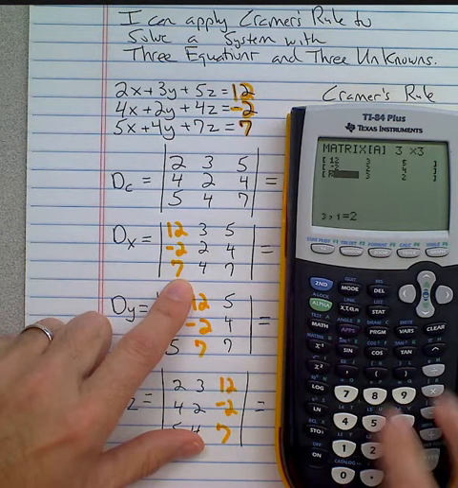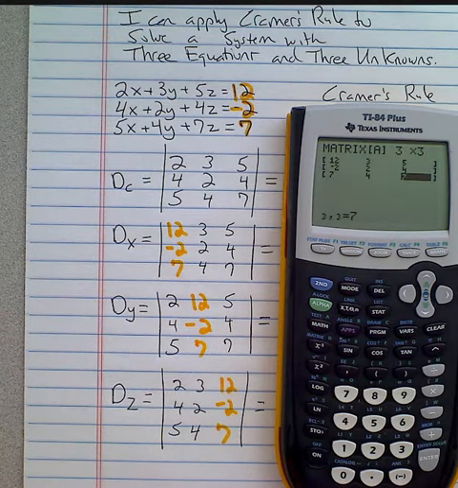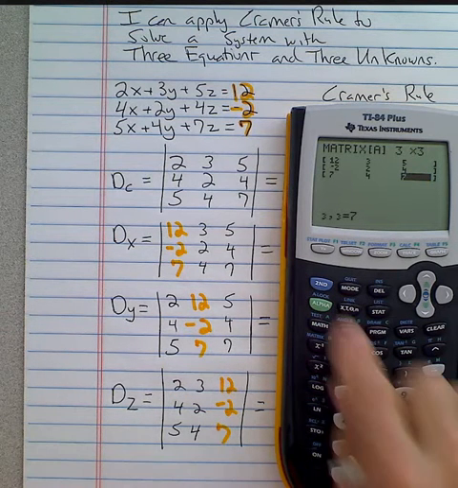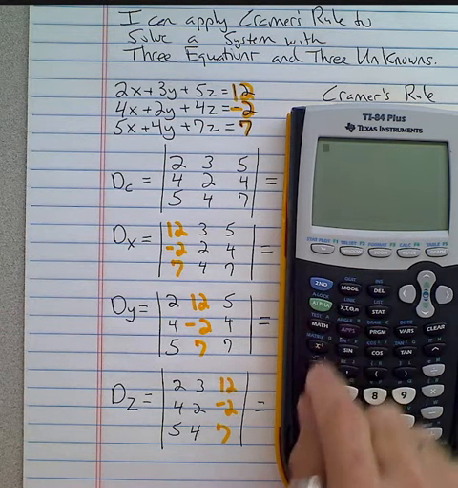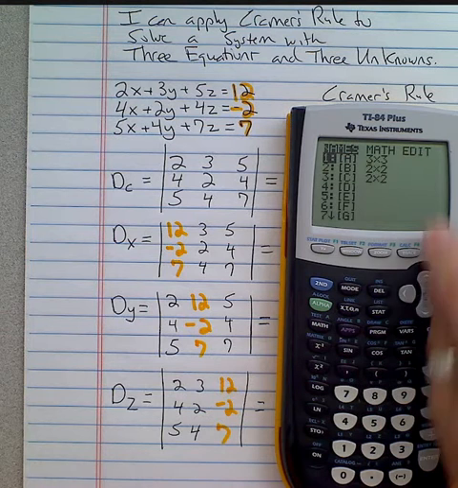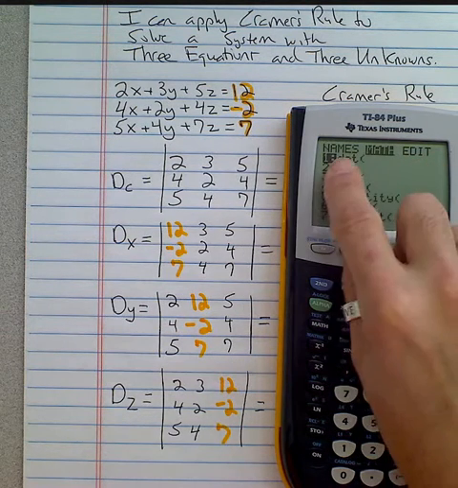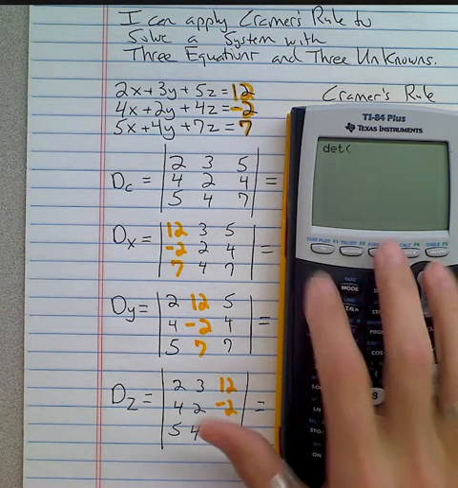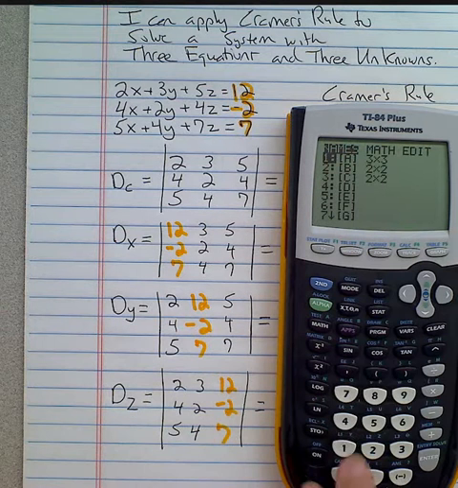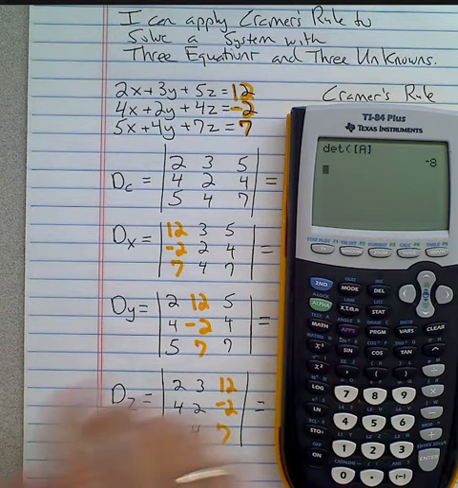Once we have our matrix in, we will leave that mode, and then we're going to go to second matrix again, but instead of going all the way to edit, we're just going to go over to math, and right here it says to find the determinant. And then we'll have to go back to second matrix, and under the name column, tell it to pick matrix A, or number 1, which is determinant A, and this determinant is -8.